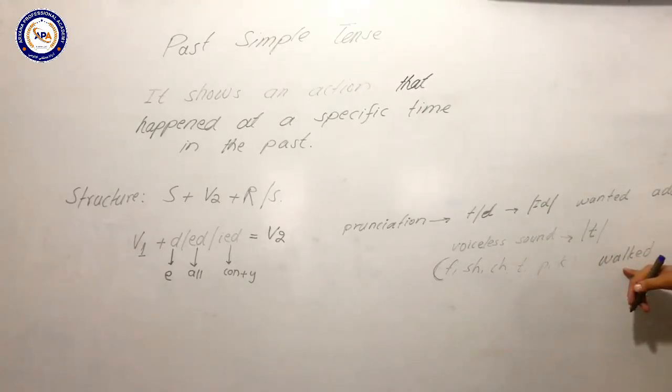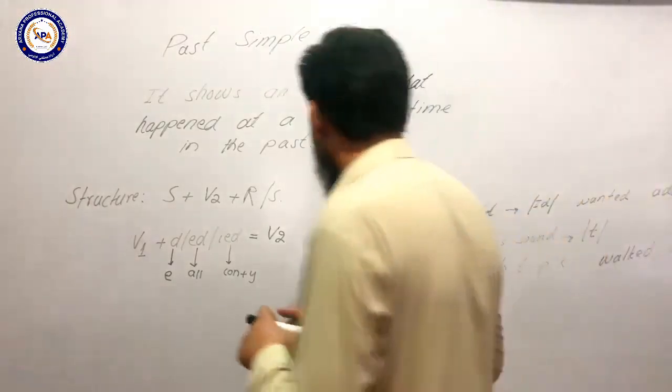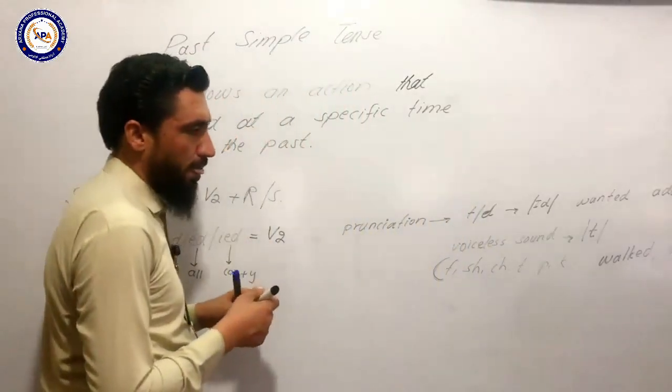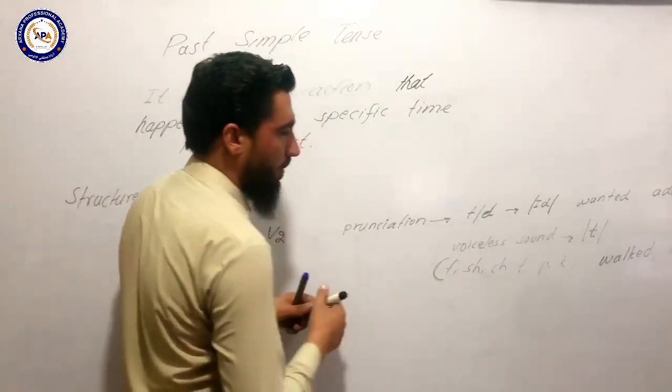Like watched, that is difficult to pronounce. So we say walked. Some more examples: washed. Sh is also a voiceless sound.